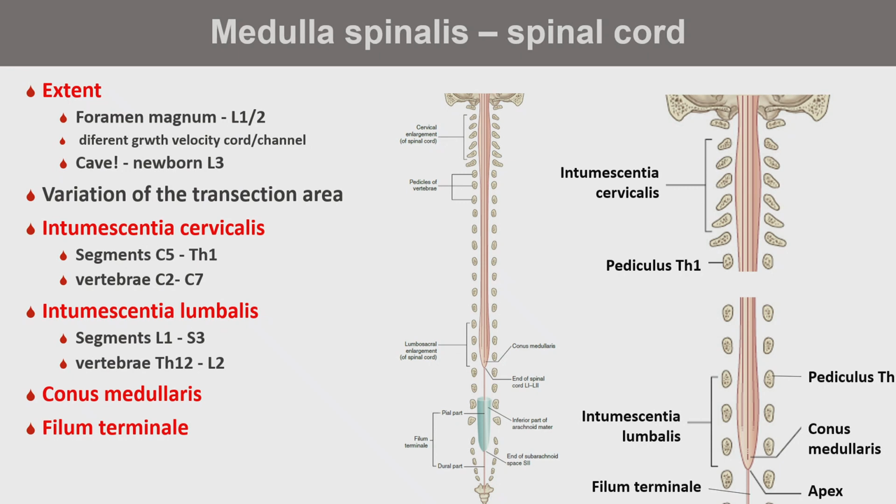The spinal cord, like the dural sac, also has different transition areas. We have two sections of the spinal cord where we have swelling of the spinal cord, and those swellings are called intumescentia. Intumescent parts are in cervical and lumbar.